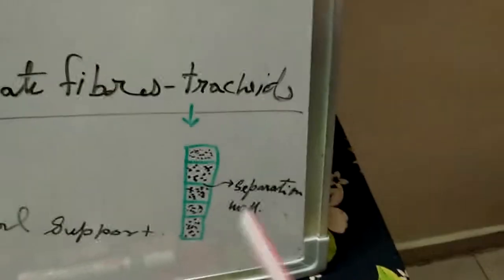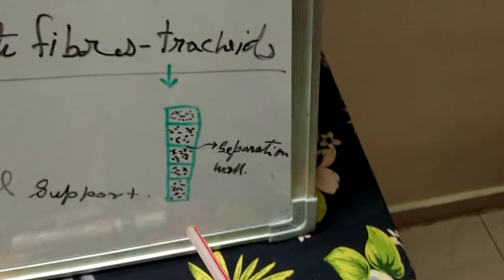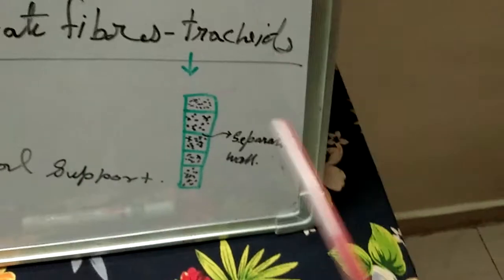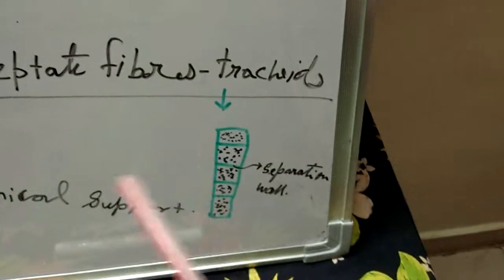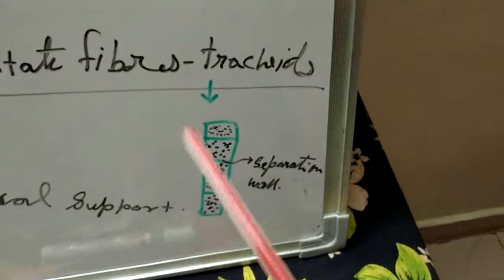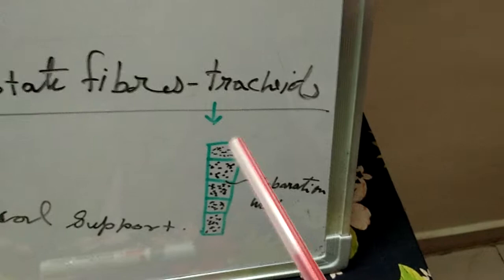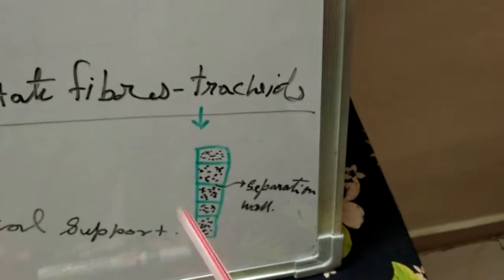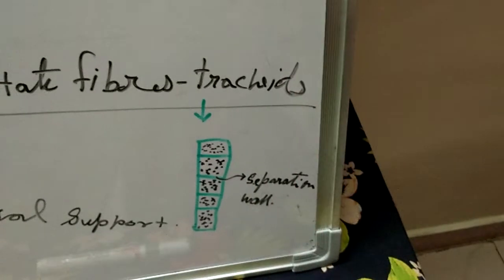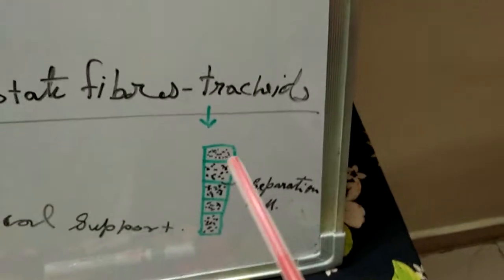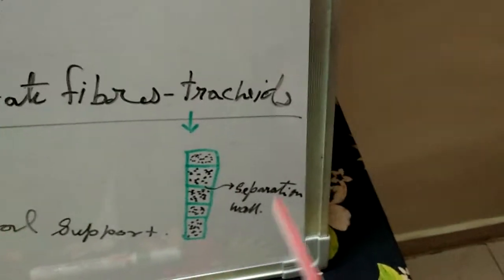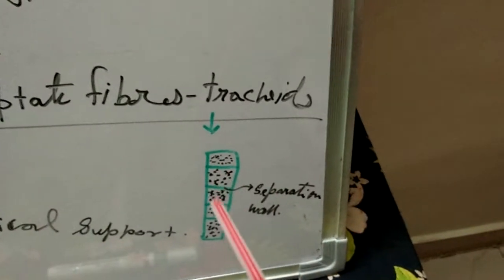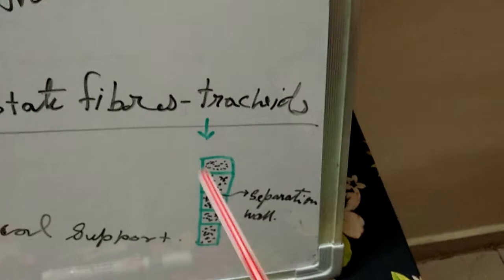So if you consider this fiber tracheid tissue, I have drawn a very vague, a very bad diagram here, but just to give you an idea about septate fiber tracheids. If you consider this as the fiber tracheid tissue, and these black dots are protoplasts, there are many protoplasts, but they are not mixed with each other. They are not mixing because there are transverse walls.